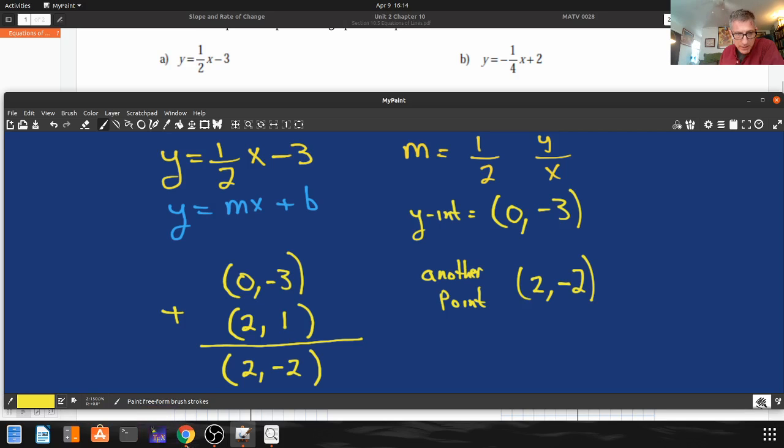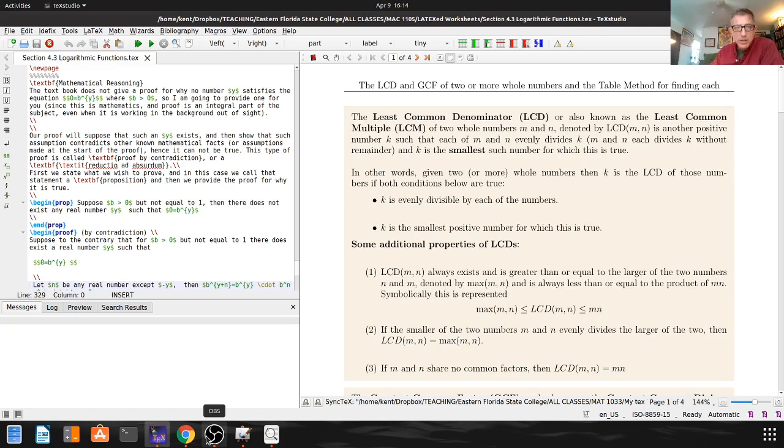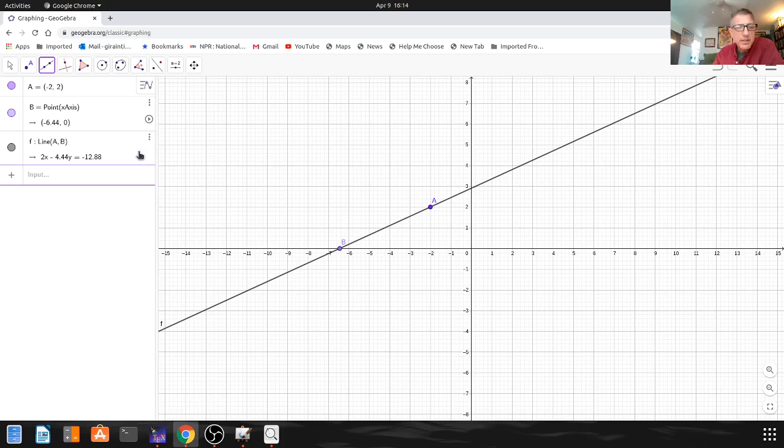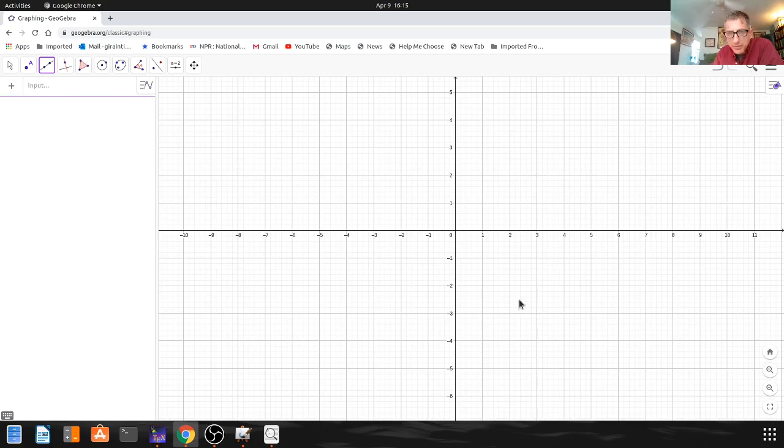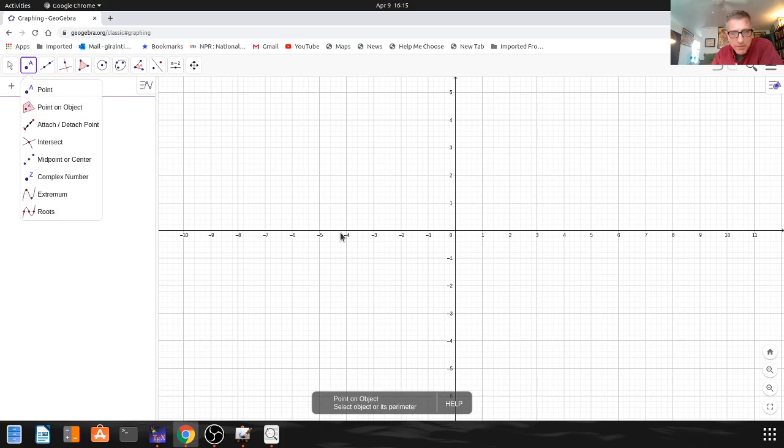Pencil turned upside down. No, you don't need to see that. You need to see this. Let's delete that. So let's find my first point.